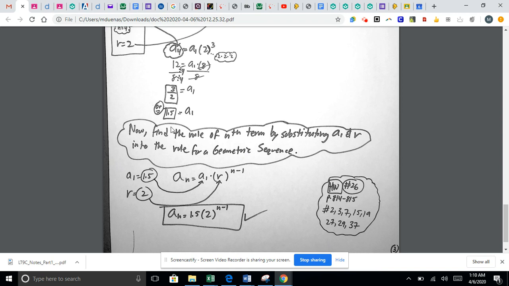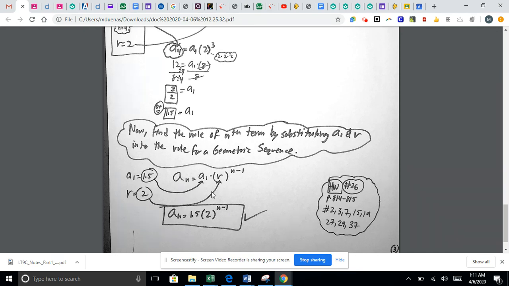All right, so now that we found a sub 1, we're going to find the rule of the nth term by substituting the a sub 1, the first term, and the common ratio r into the rule for a geometric sequence. So notice I wrote down here, a sub 1 is 1.5, and my common ratio is 2. So you write down and substitute to get our nth term. Our general rule is a sub n is equal to 1.5 times the quantity of 2 to the n minus 1.